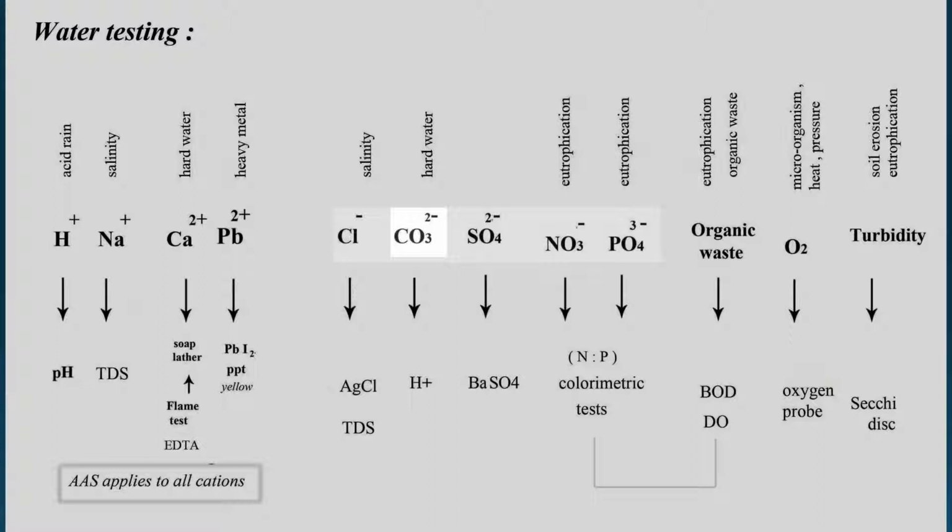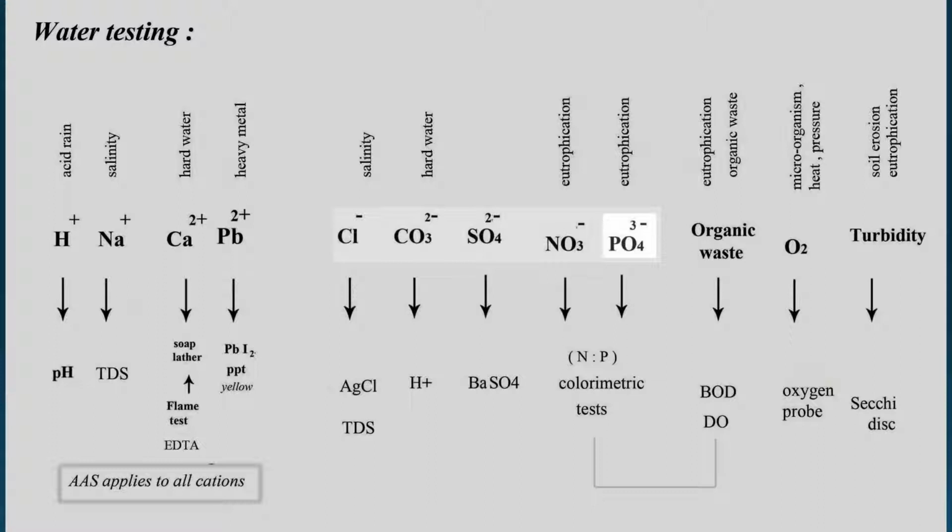You put in acid and gas will bubble. Sulfate we usually use for testing fertilizer, by barium sulfate precipitation. Nitrate indicates eutrophication, and phosphate also indicates eutrophication. Remember, phosphate and nitrate cause eutrophication.